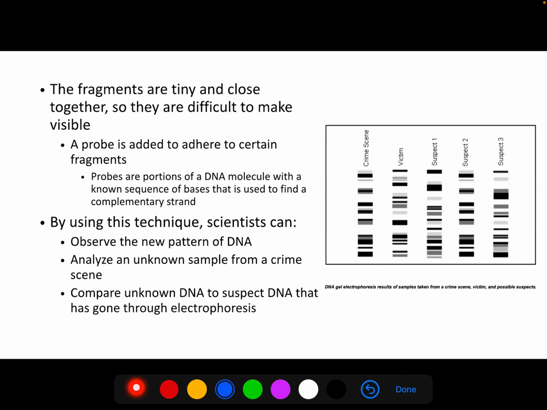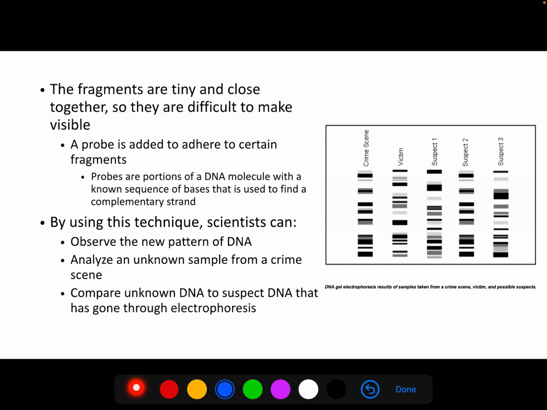So they will essentially dye whatever fragments we are looking for. And it finds a complementary strand on that DNA, and it actually makes it colored and makes it visible. And by using this technique, scientists are able to observe if there's a new pattern of DNA or if it's a matching pattern of DNA.